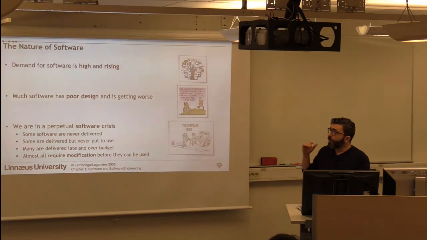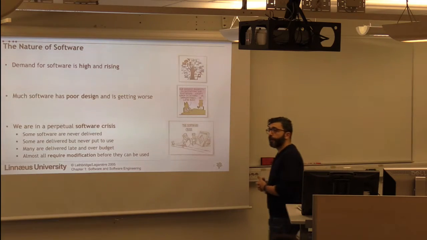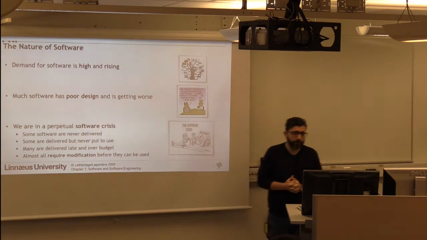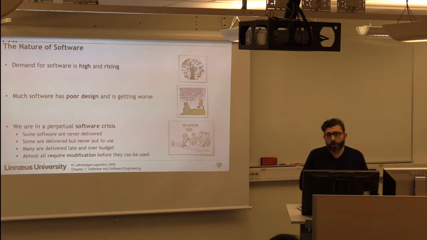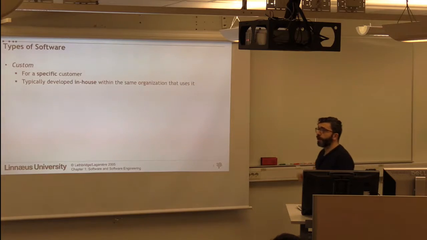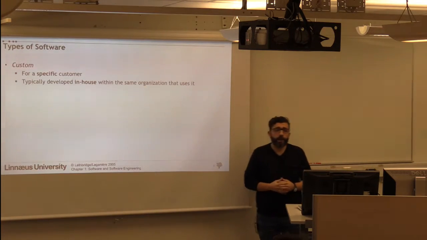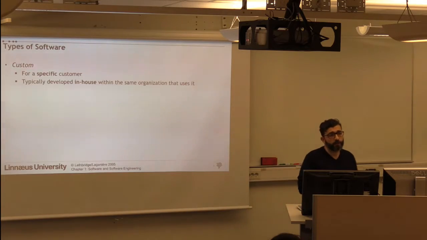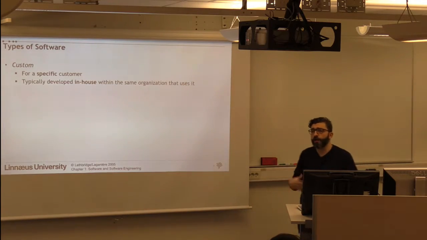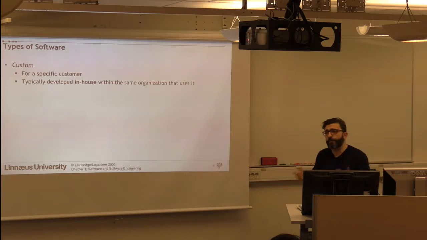The nature of software makes it difficult to deal with, and so do the different types of software. For example, we have custom software, which is software made for a specific customer. A customer comes to you and says, I need software that provides me these functionalities.